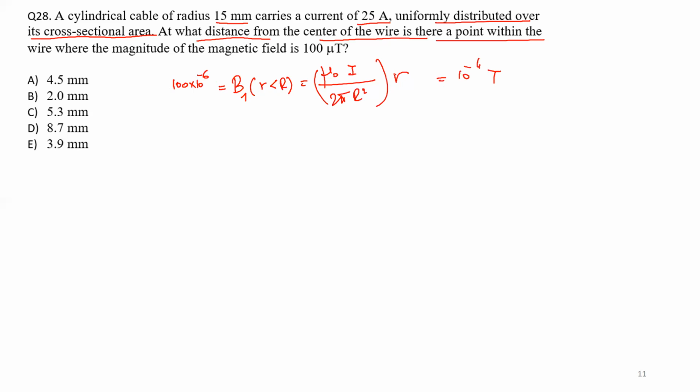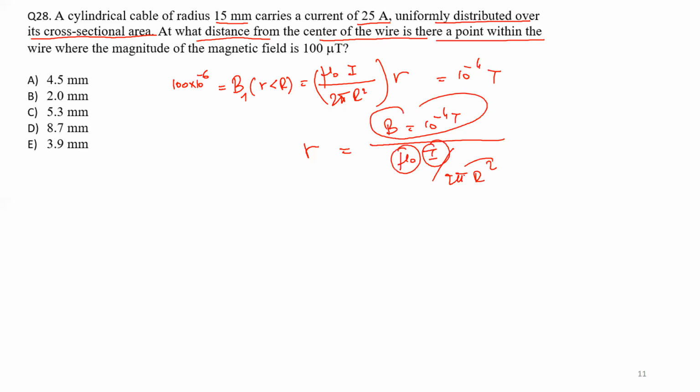And the question is, find me r. Well, r will be B, which is 10 to the power minus 4 Tesla, divided by mu naught I divided by 2 pi radius square. So I know everything here: I know B, I know mu naught, I know I, and I know radius square.